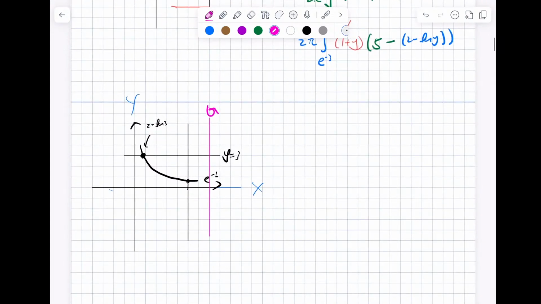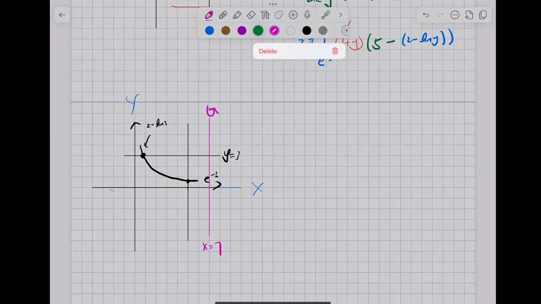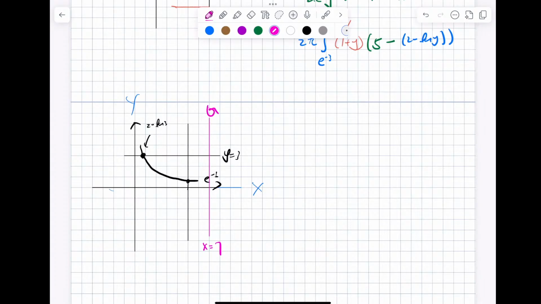Now it's the same rotation. It's this line here. So this one is x equal to 7. Now, the rotation is gonna be parallel, right? We're gonna do a parallel line here. Is that a dx or dy? It should be dx.